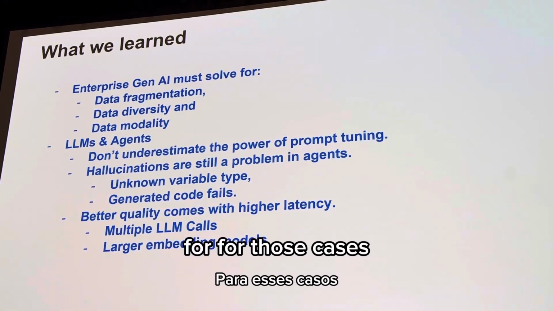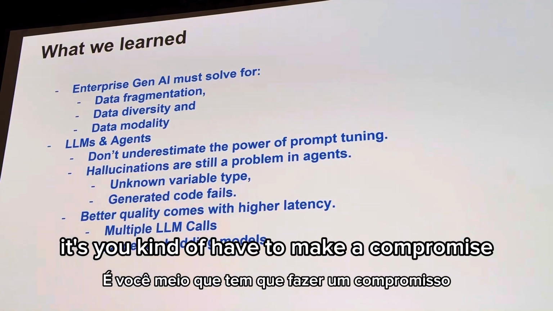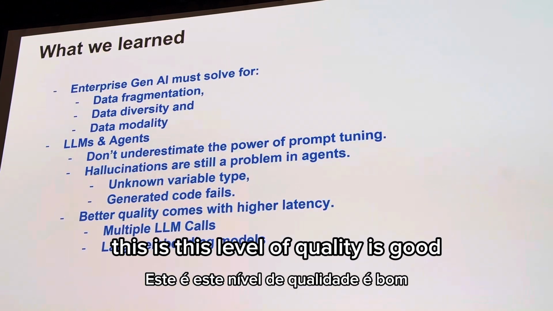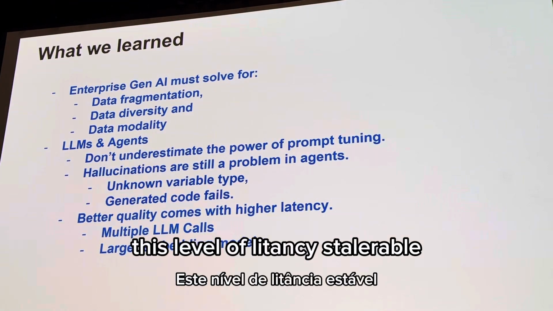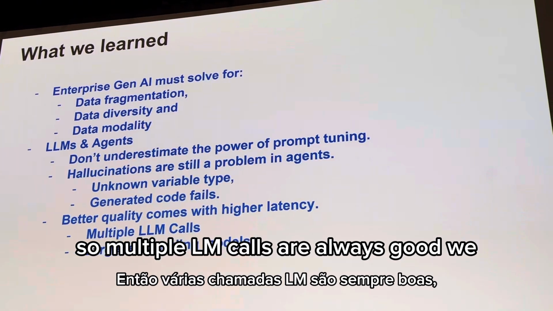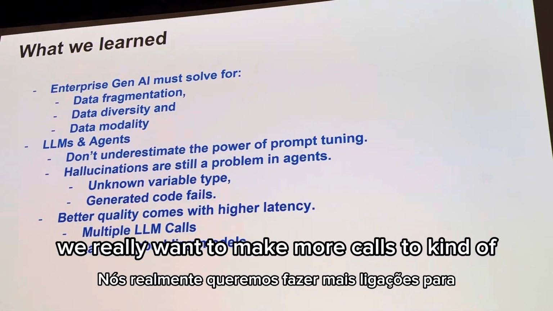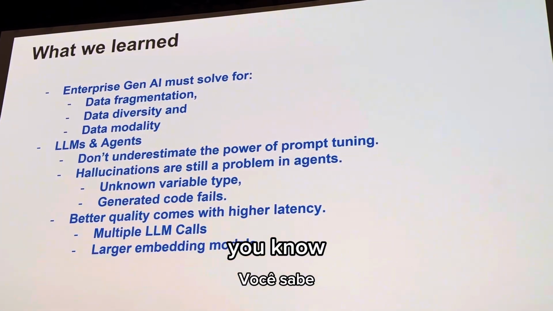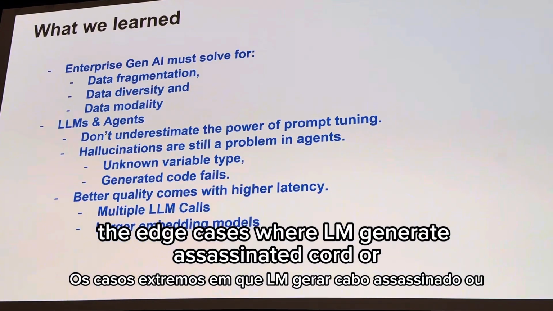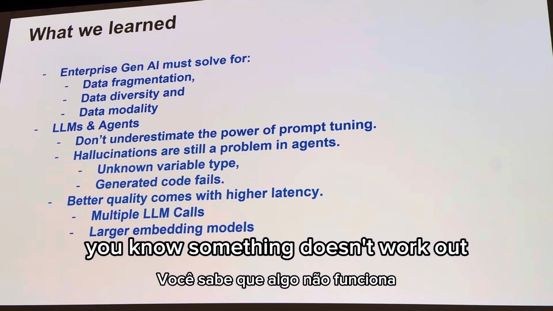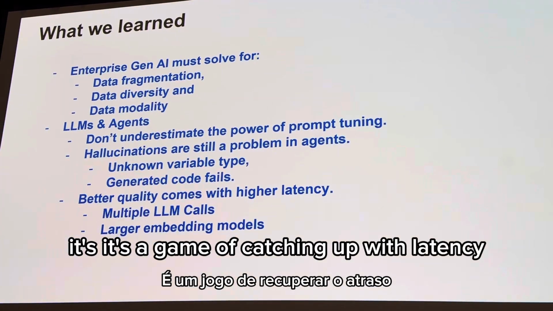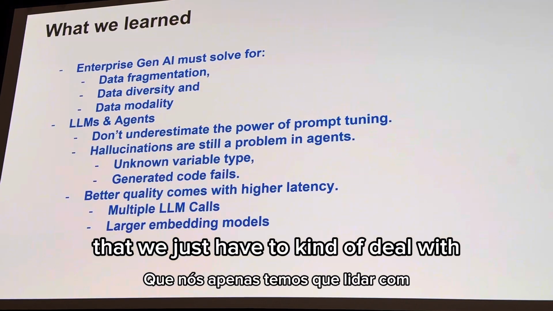So for those cases, you have to make a compromise. It's a slider. You say, okay, this level of quality is good, this level of latency is tolerable, and so on and so forth. Multiple LLM calls are always good. We really want to make more calls to break those failure cases, the edge cases where the LLM generates hallucinated code or something doesn't work out. But it's a game of catching up with latency that we just have to deal with.